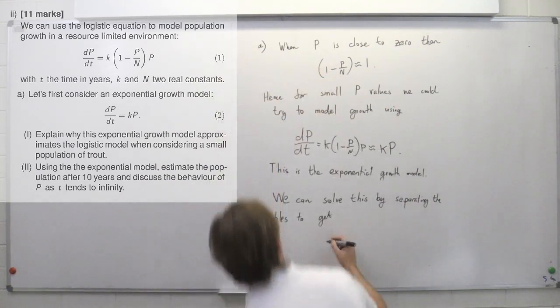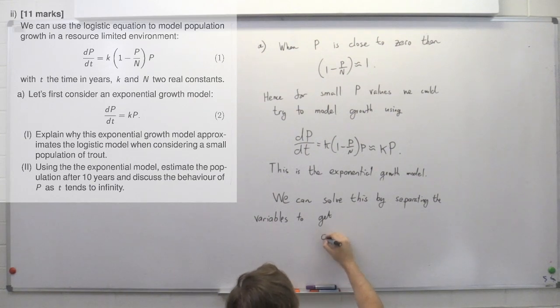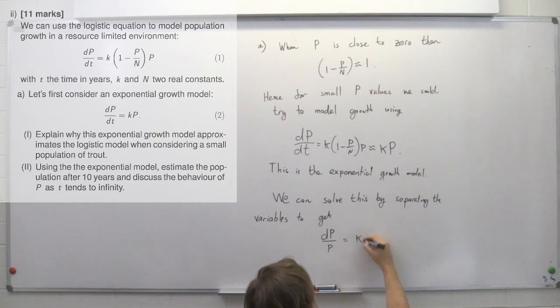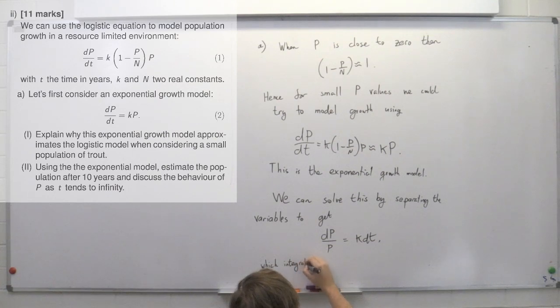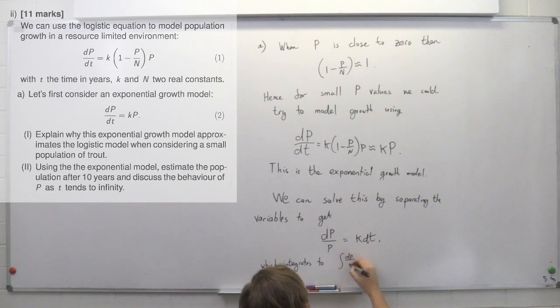So I will do it using separation of variables because I can write it as dp over p is k times dt, which integrates to, well, we're just trying to integrate the following, which gives us the log of p is equal to k times t plus a constant.